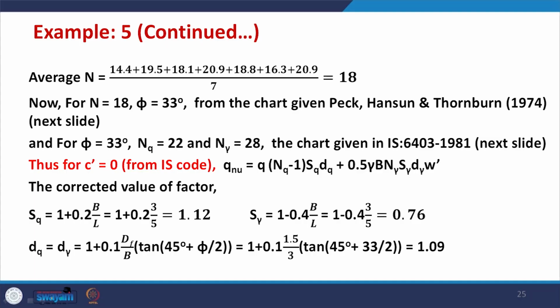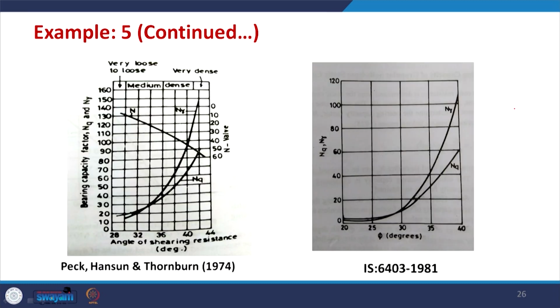The chart can be used either from the IS code or, in this case, the one used by Peck, Hansen and Thornburn. The chart is given in the next slide; this is the Peck Hansen chart. Using this chart, for the corresponding value of N you find the angle of shearing resistance. The N values are given here.